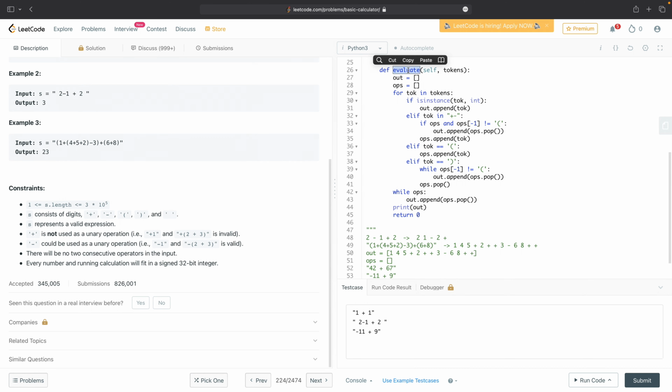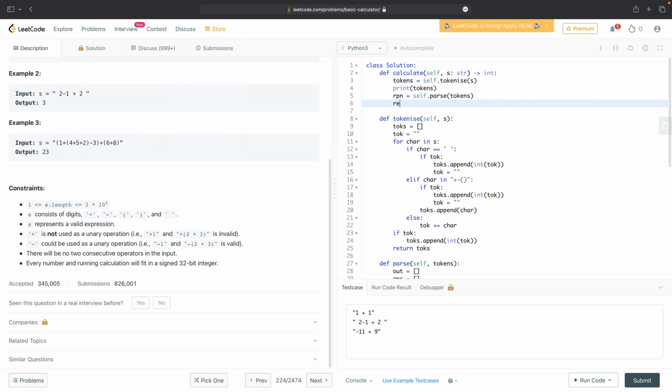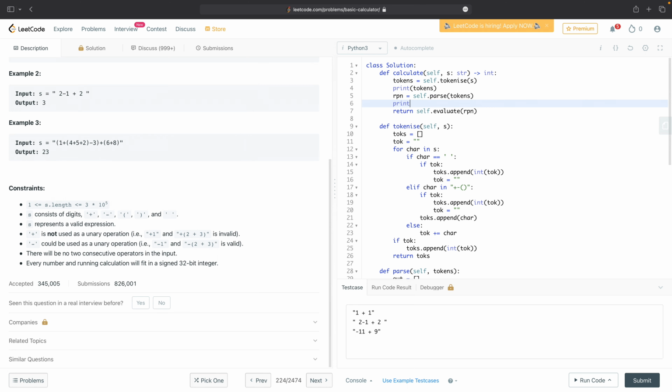So this isn't so much evaluate as parse, I guess. The RPN is self.parse the tokens, and then I want to return self.evaluate of the RPN. So let's also print the RPN.